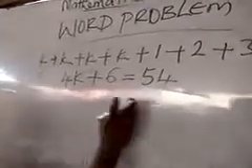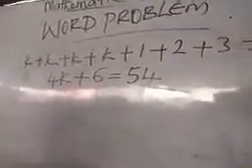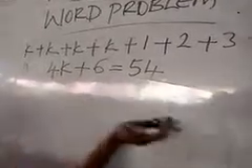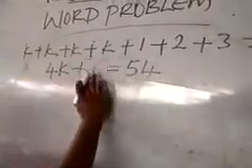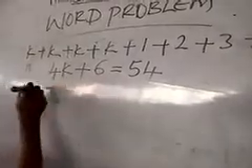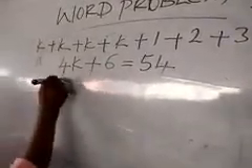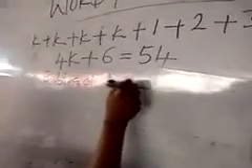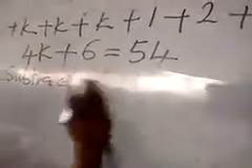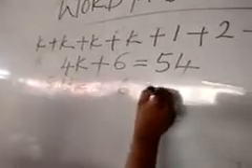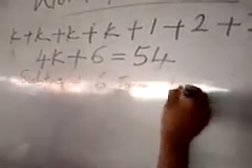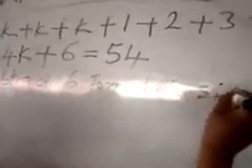Now we have formed an equation with the information given. We'll start solving. First, we want to eliminate this 6, that is, subtract 6 from both sides.